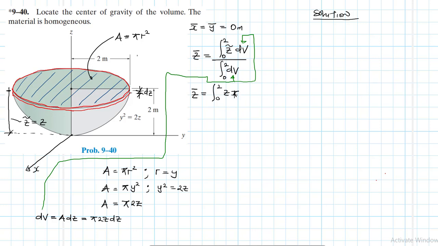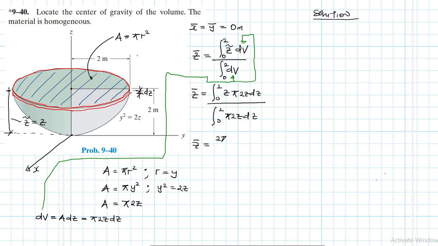So that is pi 2z dz, divided by, from 0 to 2, we do the same, that's pi 2z dz. Rewriting this properly, we factor out the constants.